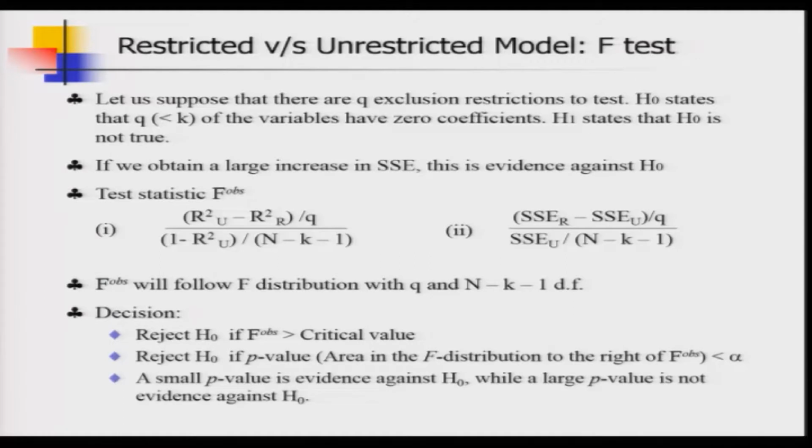Now, let us concentrate on the denominator of this same formula. Here, 1 minus R square u is divided by the degrees of freedom, and that is basically the degrees of freedom for the error term. If you remember the ANOVA table, the sources of variation come from two angles: regression, which is your regression model, and the error.